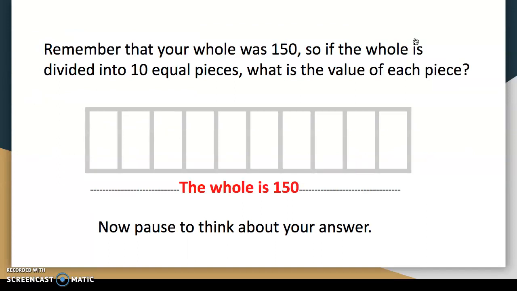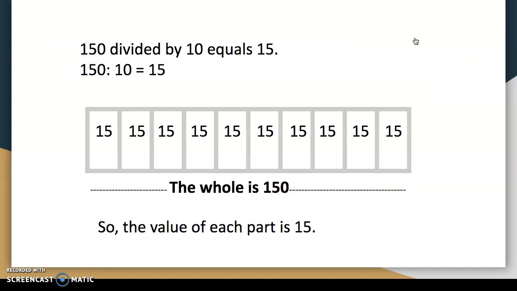So the value of the whole is 150 and it's divided into 10 equal pieces. What do you think is the value of each piece? Think about your answer by pausing. As you can see, the value of each part is 15. 150 divided by 10 is 15.